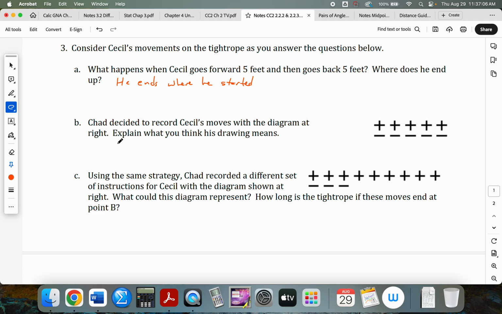So the pluses are forward movement, while the minuses are backwards movement.